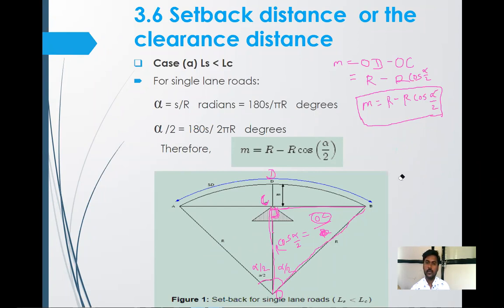Give the heading as setback distance. Case 1 or case A: setback distance when the length of transition curve is less than the length of curve.